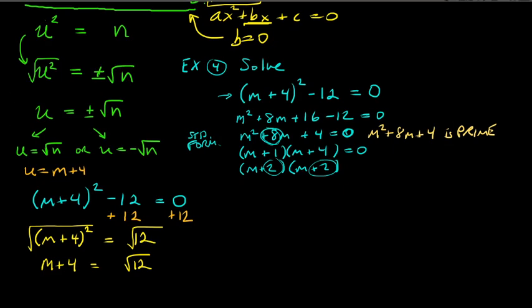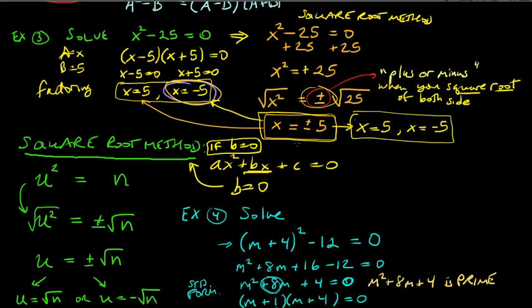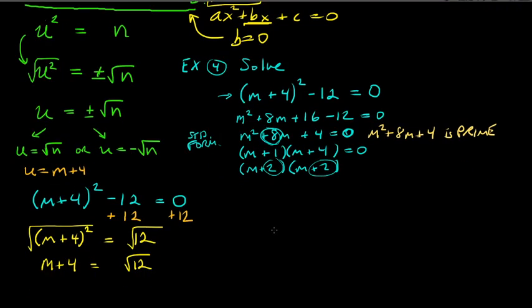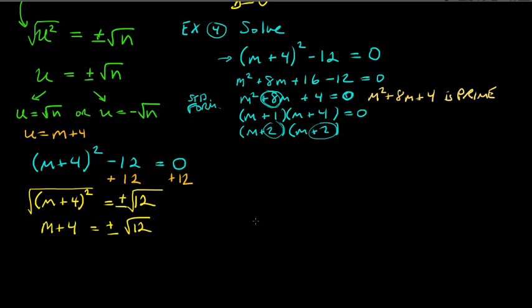What am I missing? This is a very common mistake. Remember, anytime you take the square root of both sides, plus or minus. So I forgot the plus or minus symbol in front of the square root. So don't forget the plus or minus, because you need both the positive and the negative solutions here, right?